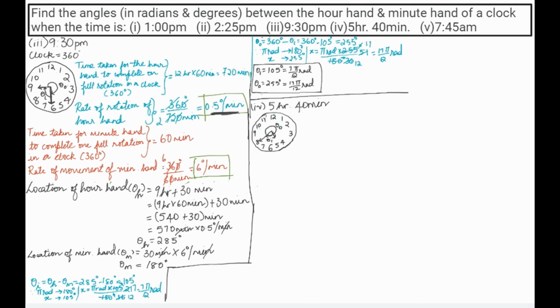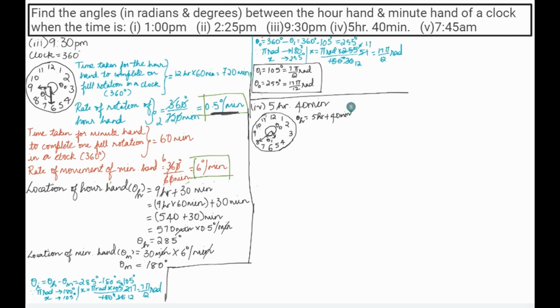So next let us find the location of our hour hand, that is theta H. Our hour hand has moved 5 hours plus 40 minutes.